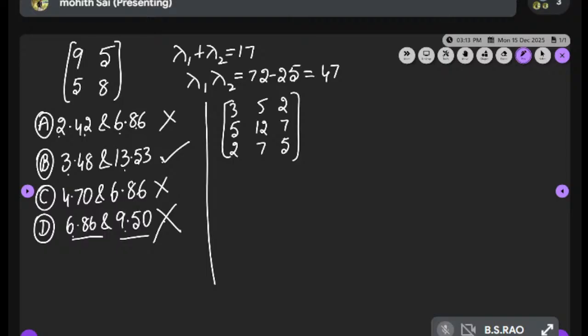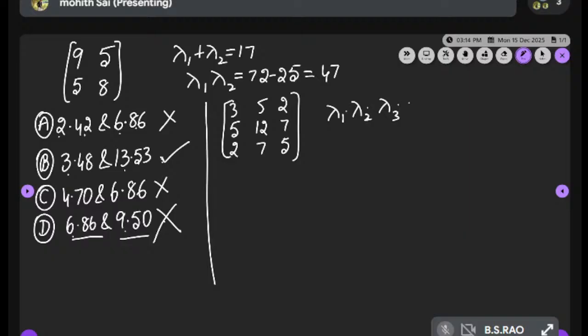You will be having 3 eigenvalues: lambda 1, lambda 2, lambda 3. Instead of finding all the 3 eigenvalues and then deciding which one is the minimum, just write the product.